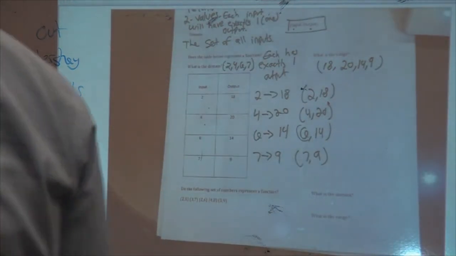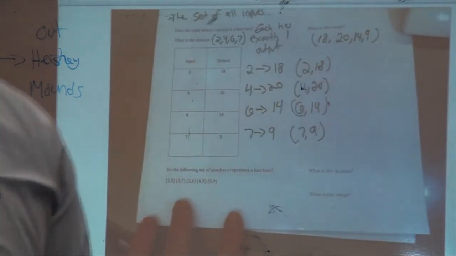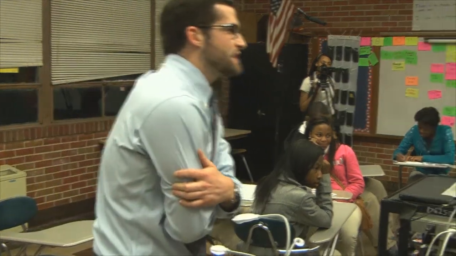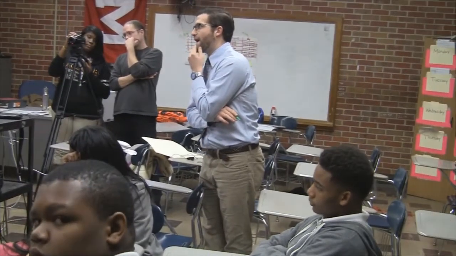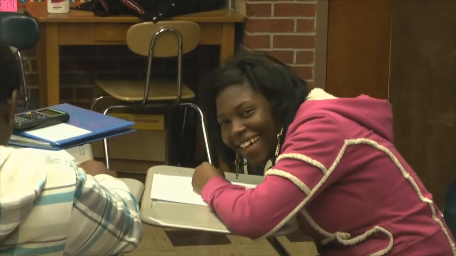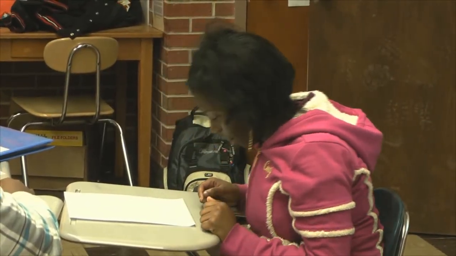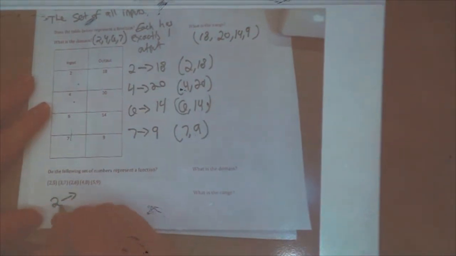All right. Well, now let's do one last example. Looking at the ordered pairs at the bottom, do the following set of numbers represent a function? No. Shemaiah is going to explain to us why the following ordered pairs do not represent a function. Because the input 2 has 2 different outputs. When we put in 2, what are those 2 outputs we could get? 5 and 6. Right, we either could get 5 or 6.